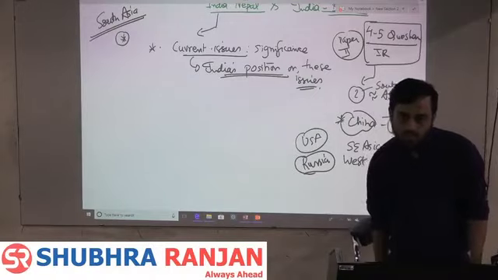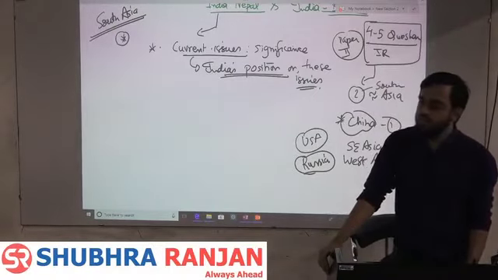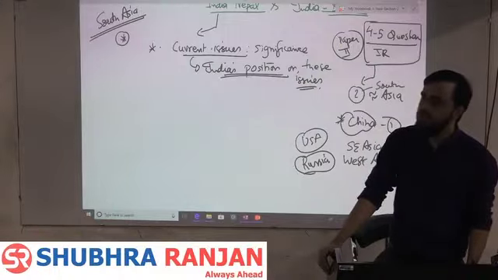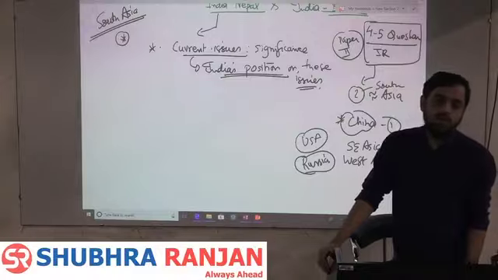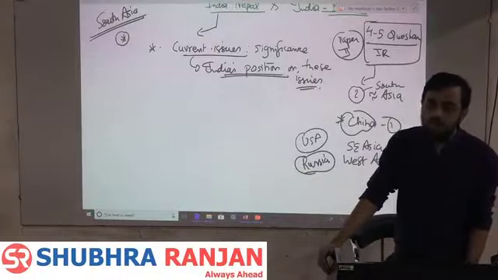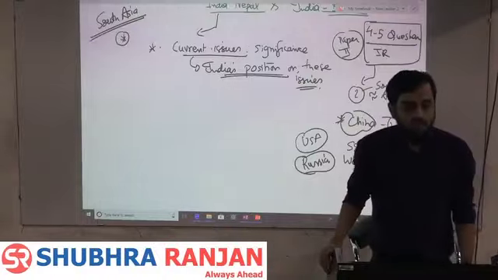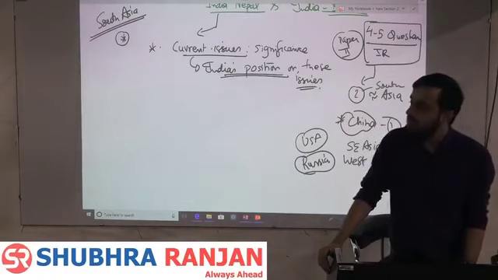The kind of question they'll ask you is that in the context of increasing Chinese presence in Nepal, discuss the implications for the India-Nepal relationship. Or they'll ask that in the recent past, the India-Nepal relationship has witnessed a number of ups and downs. Discuss.